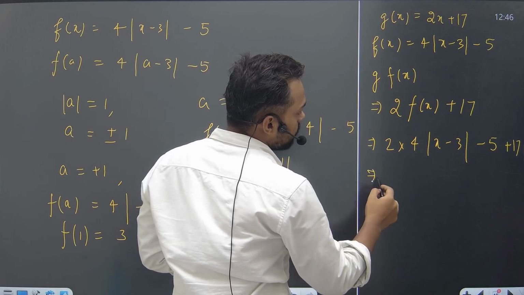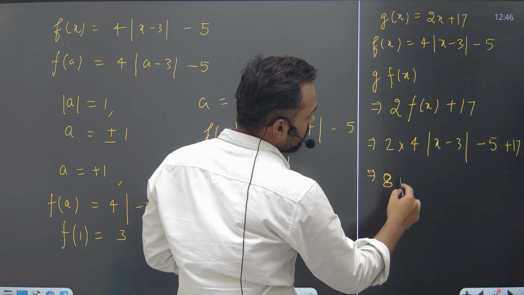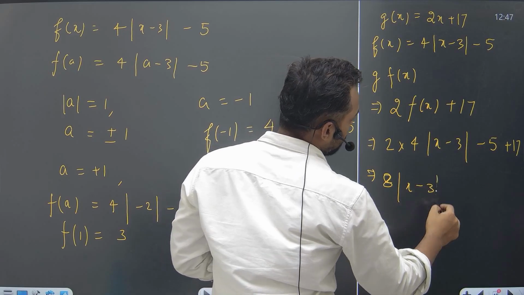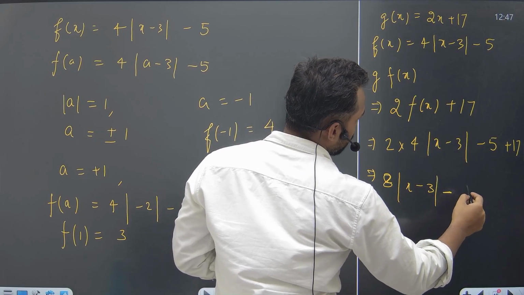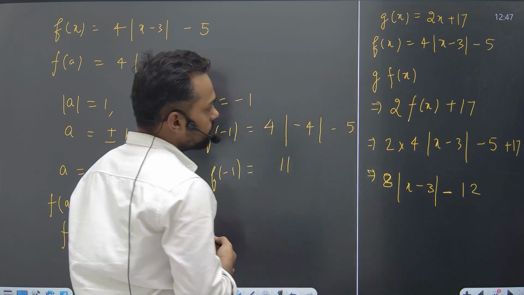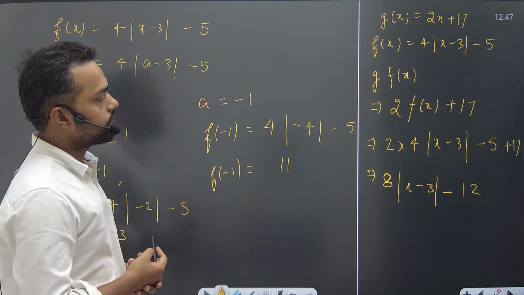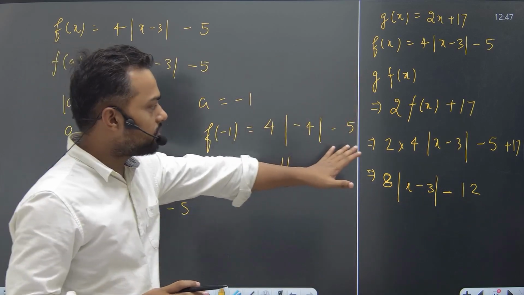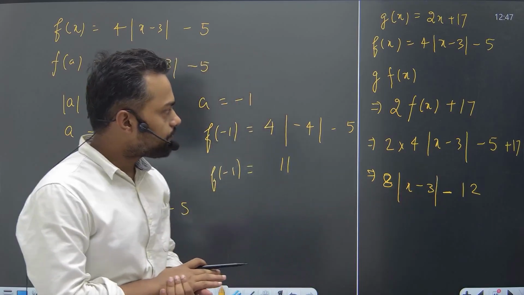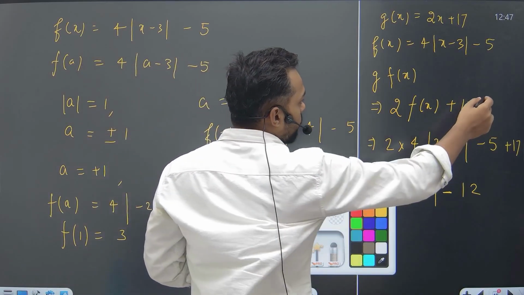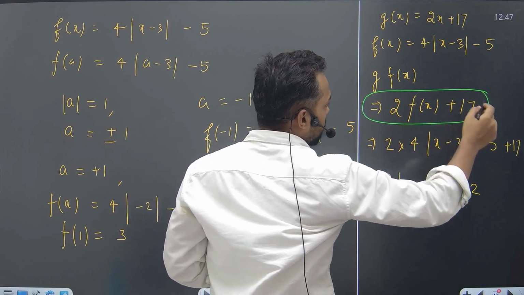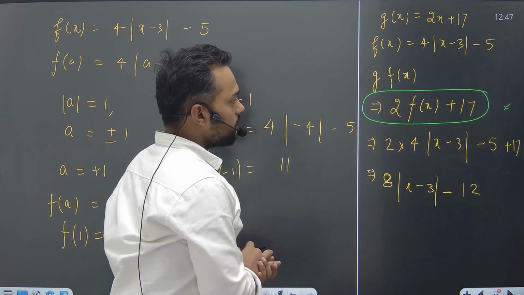So it will be 8 times modulus of x minus 3, minus 10, plus 17. I have just replaced this particular value. Now our answer could be found from here itself: 2 times f(x) plus 17.